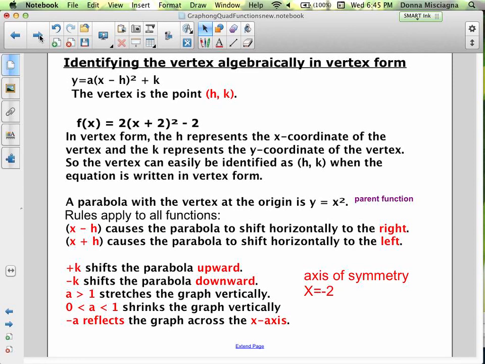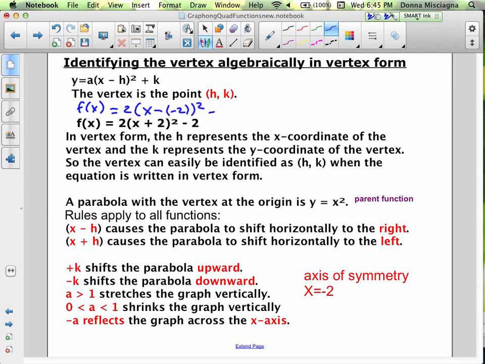Now just be careful. See the negative. Don't say the vertex is (2, -2), because you would be wrong. Another way I can write this is 2 times (x minus a -2) squared minus 2. Minus a negative is the same as plus. So remember, the negative has to stay with the equation. It's part of the equation.